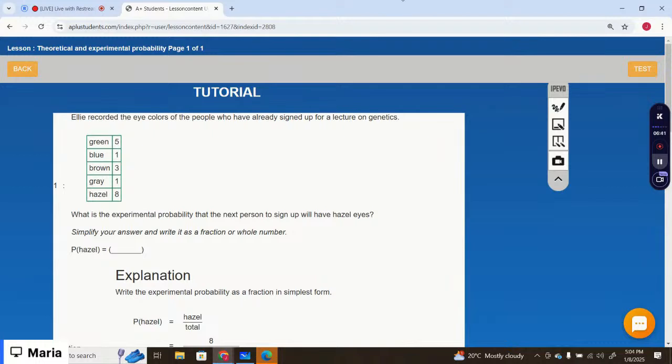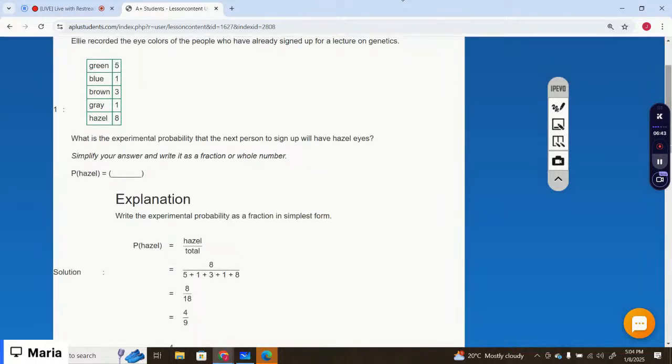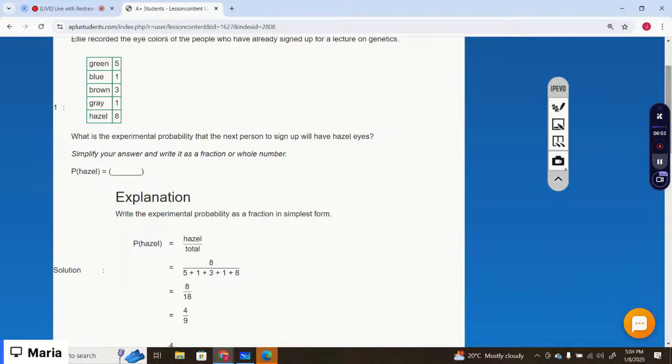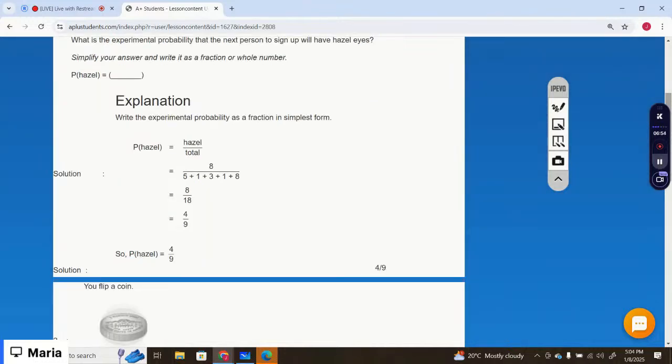Only 8 of the people have hazel eyes, right? And the total is 18, that is 8 over 18, and the probability is 4 over 9.